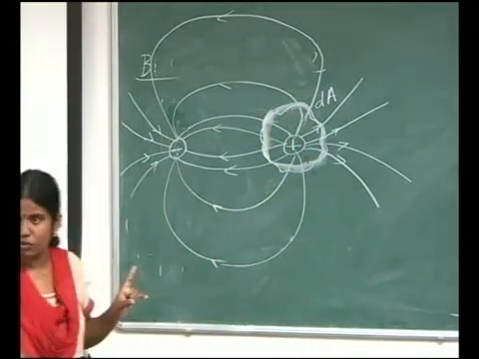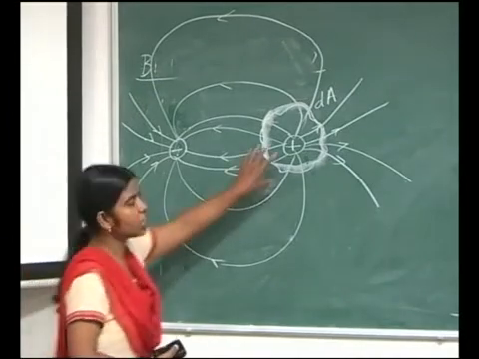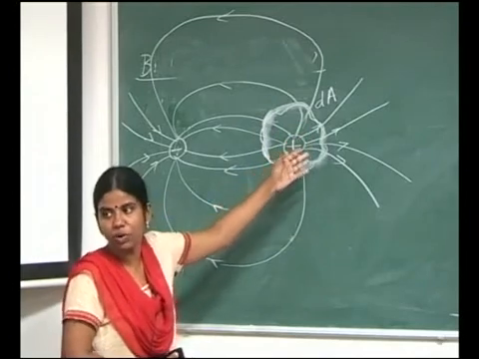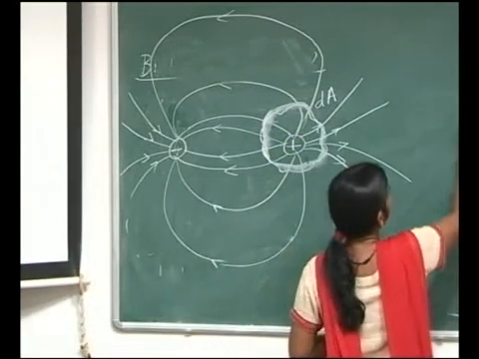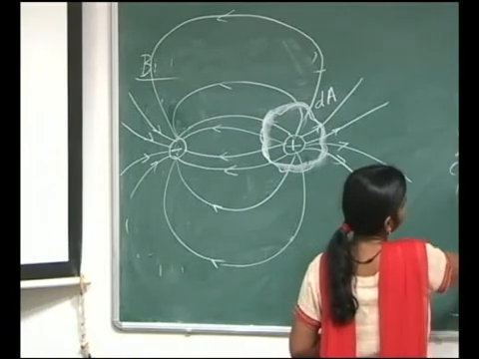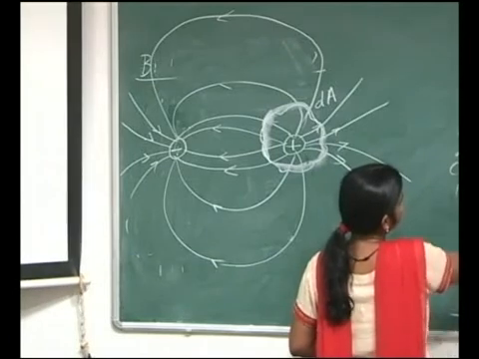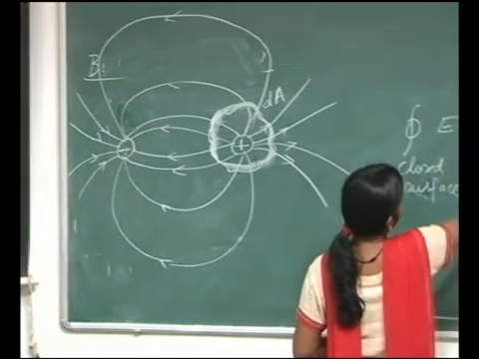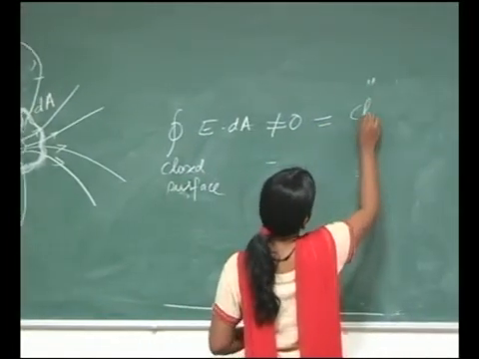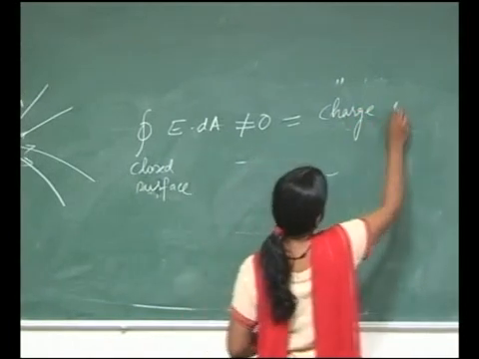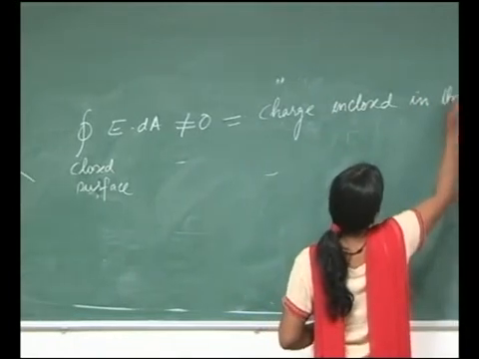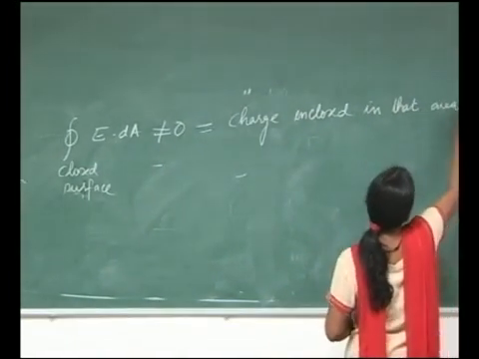I know that from Gauss law, but it is equal to the charge enclosed in this volume. The surface would enclose a volume, so I can say that the closed surface integral E dot dA is never equal to 0, but is equal to the charge enclosed in that area.